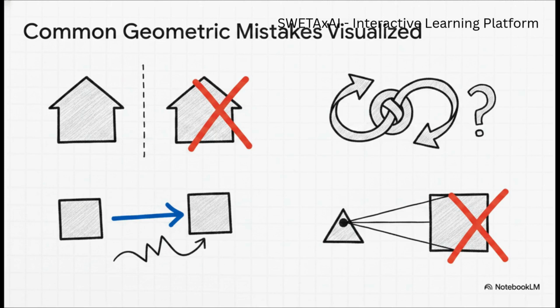Don't swap them. Third, forgetting that reflections actually reverse orientation. If your reflected shape is facing the exact same way, well, you just translated it, you didn't reflect it. And finally, confusing negative scale factors with reflections. Yes, a negative scale factor flips the shape to the other side of the center, but it scales it too. It's not just a simple mirror reflection.